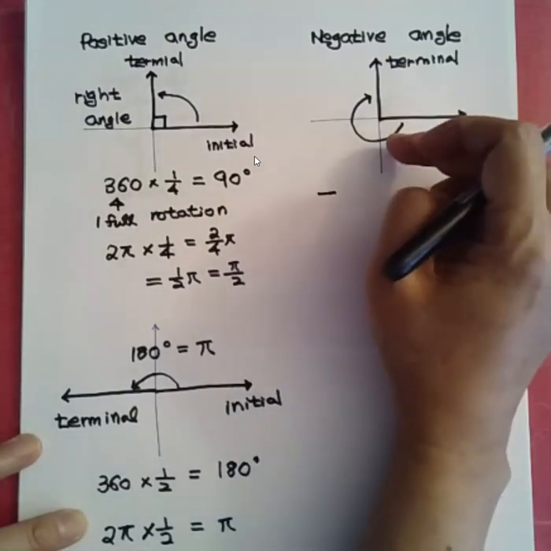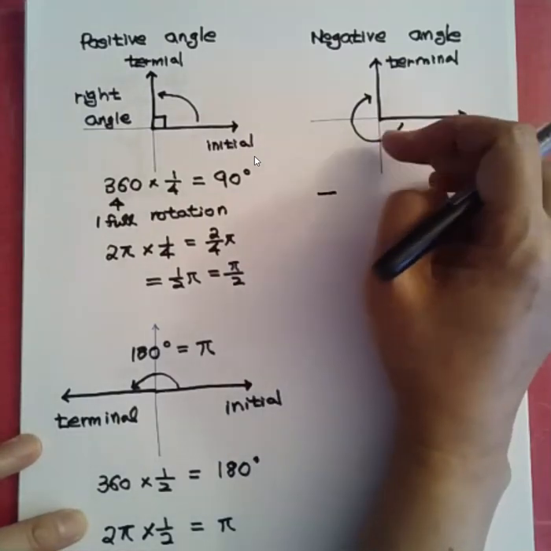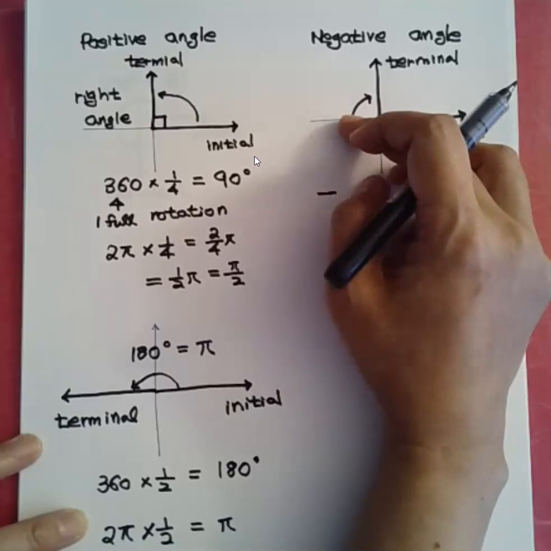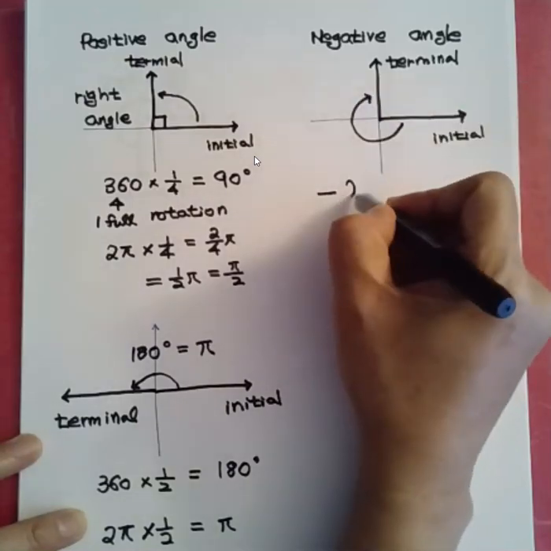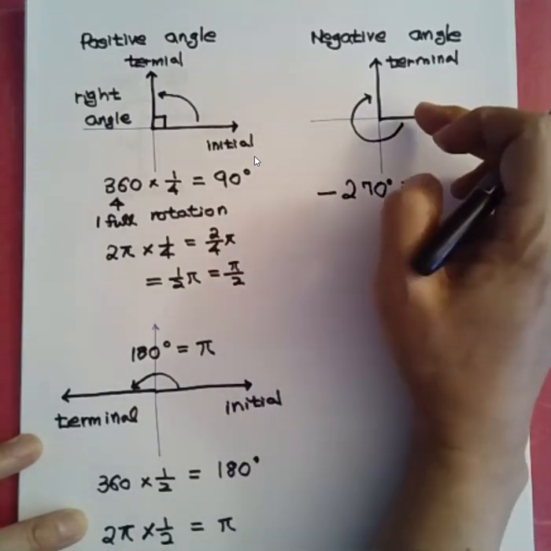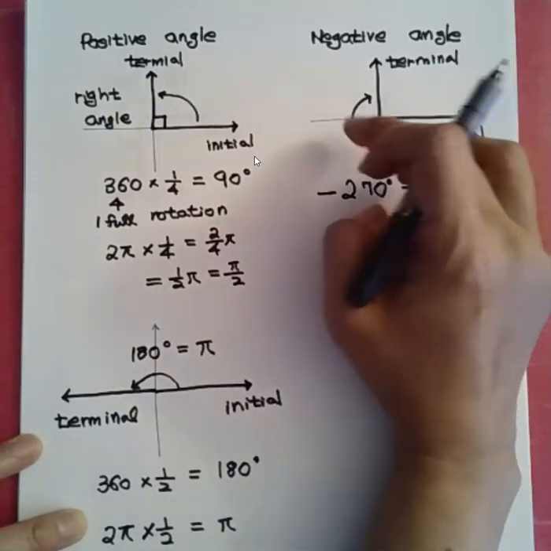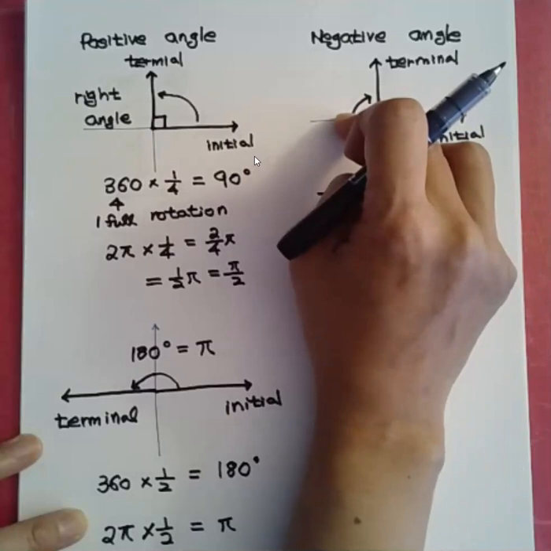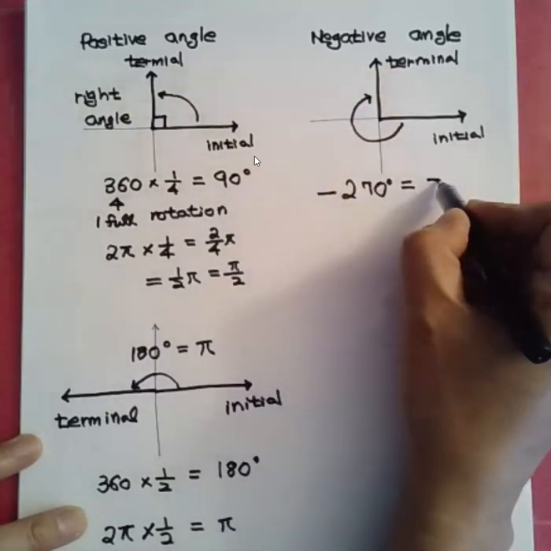So each sector is 90 degrees, so 90, 180, 270. Negative 270 degrees, and negative pi over 2, negative 2 pi over 2, negative 3 pi over 2.